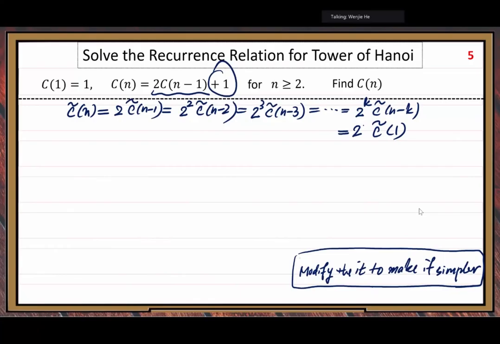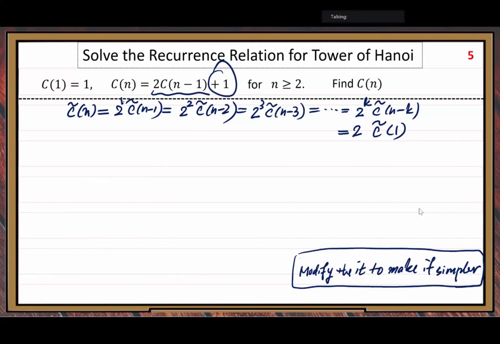This one is 2 to the first when you start. Then 2 squared, so the exponent number 2 inside parenthesis n minus 2. What is the sum of these two numbers?